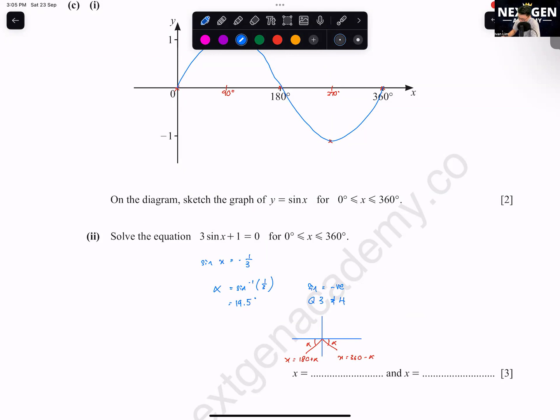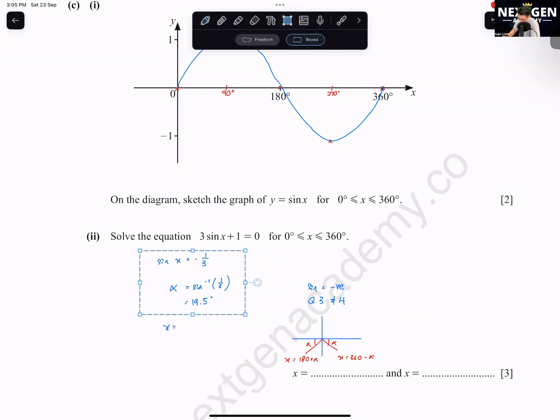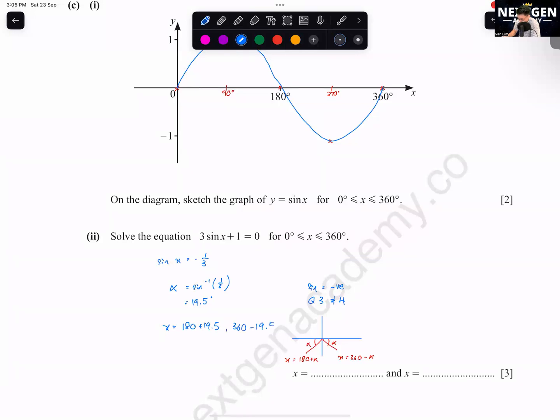Okay, so your calculation here will be x equals 180 plus 19.5. Then this one, 360 minus 19.5. Here is 199.5 degrees.